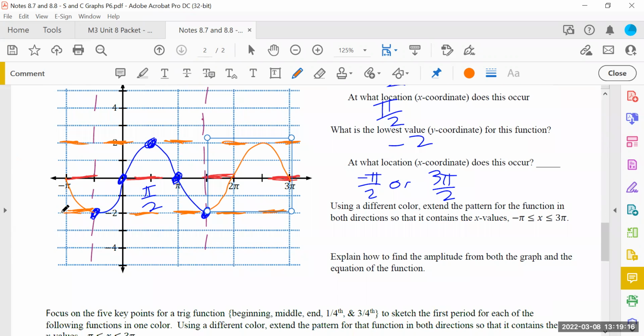Now, I didn't answer the last one on the previous page. Let's answer it now. The question on both 1 and 2, the very end says, explain how to find the amplitude from both the graph and the equation of the function.